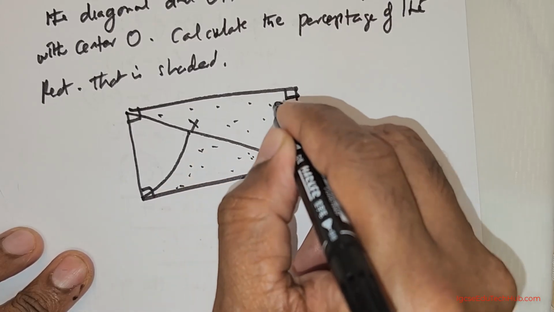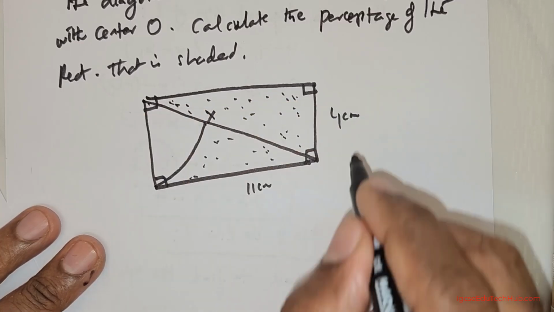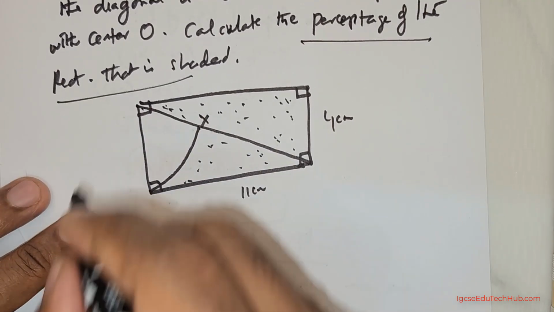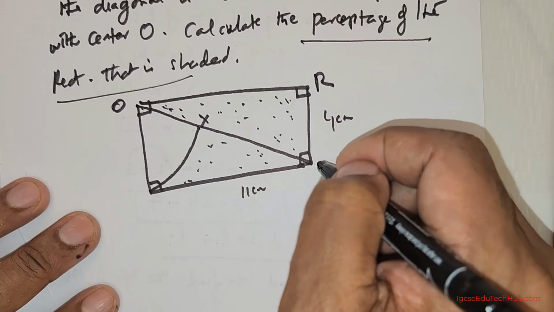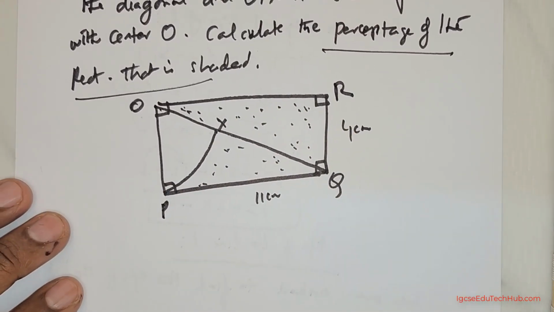Now we have to find the percentage of the rectangle that is shaded. So I take this as O, this as R, this as Q, this as P, and this is X.